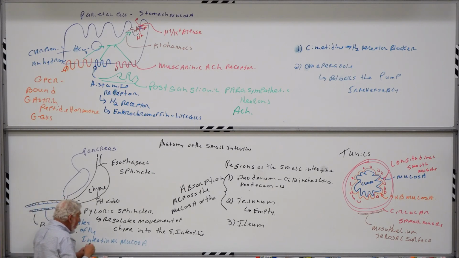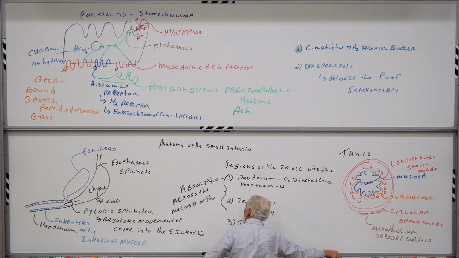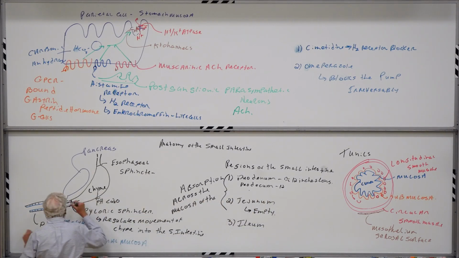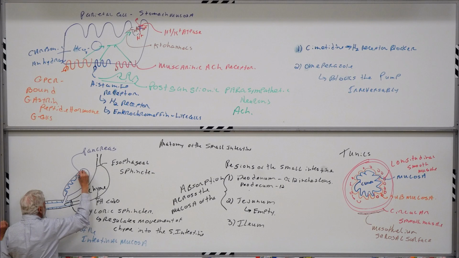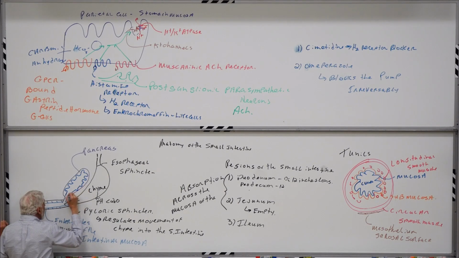And if we follow the structure of the pancreas back here, we see that it's thrown into these loops. But it's composed of an epithelium.